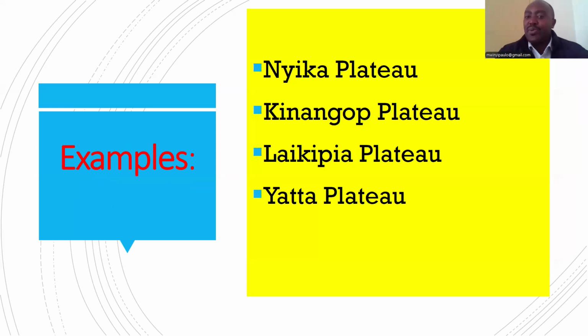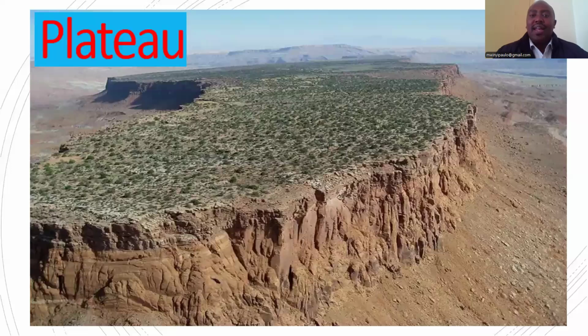Examples of plateaus that we have in Kenya are the Nyika Plateau, Kinango Plateau, Laikipia Plateau, and the Yatta Plateau. On your screen, I'm showing you a good photograph of a plateau. We've said it's a raised flat land that looks like a table land.